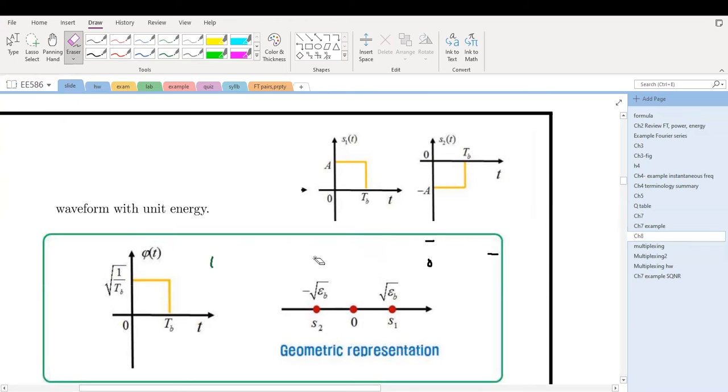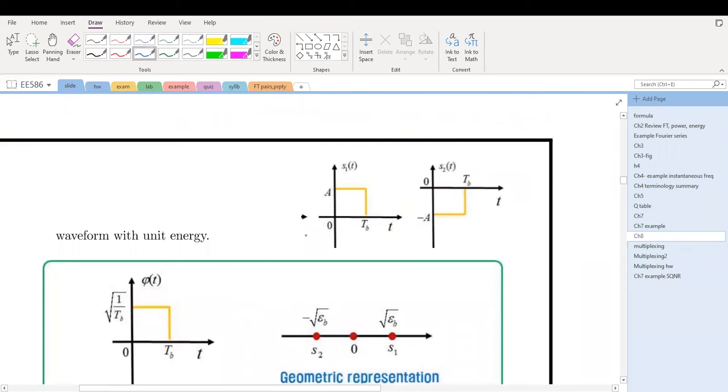So now we have totally defined psi(t), the orthogonal base. Next, let's look at the coefficient. The coefficient for waveform s1, s1, equals the integral of this waveform s1(t) multiplied by this psi(t) dt.